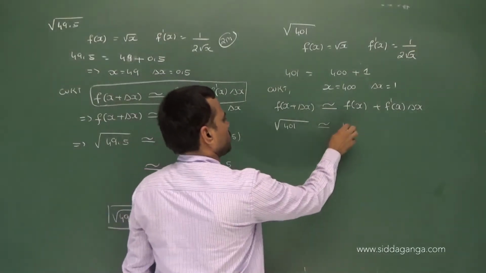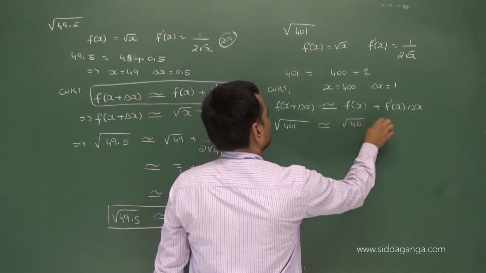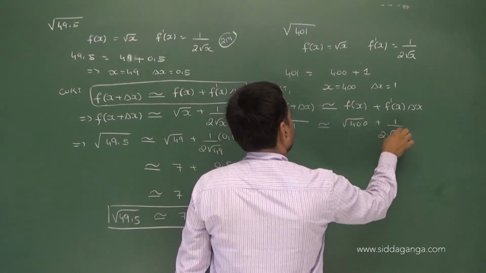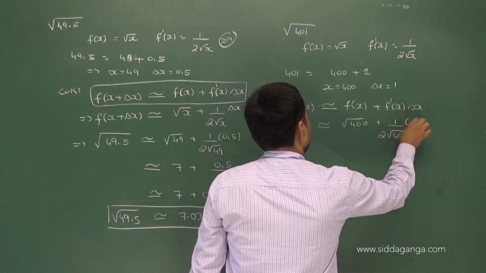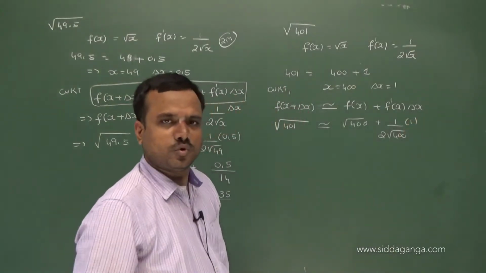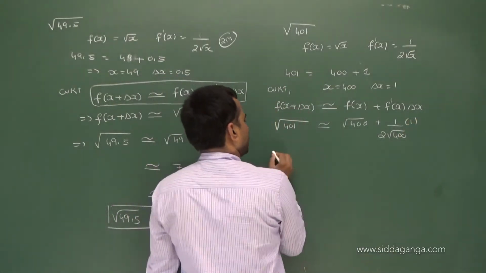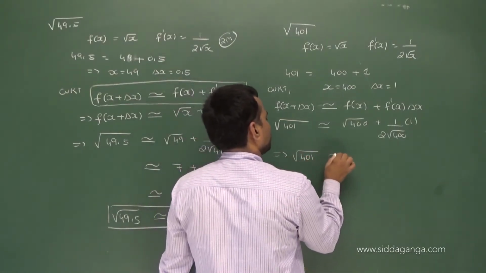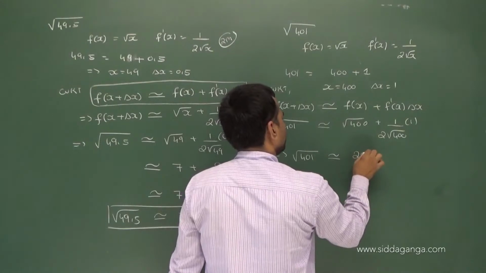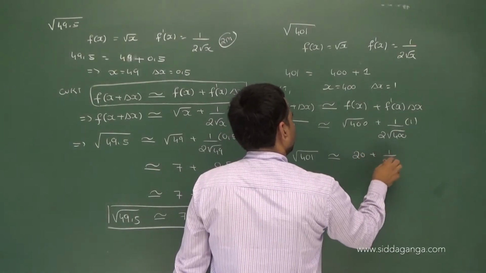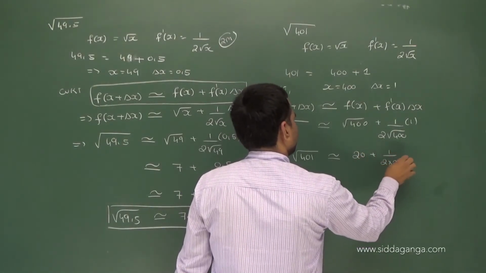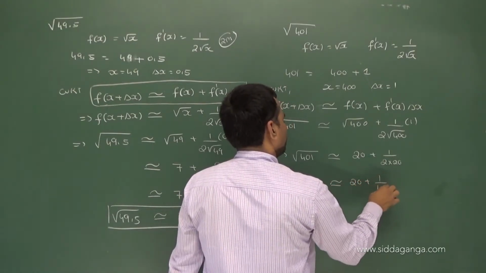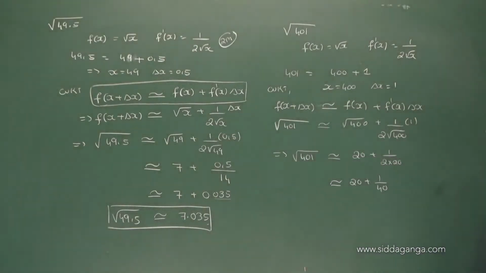Square root of 400 plus 1 divided by 2 into square root of 400 into 1. So square root of 401 is approximately equal to square root of 400 is 20, plus 1 divided by 2 into 20, 20 plus 1 divided by 40. Calculate it. 1 by 40.